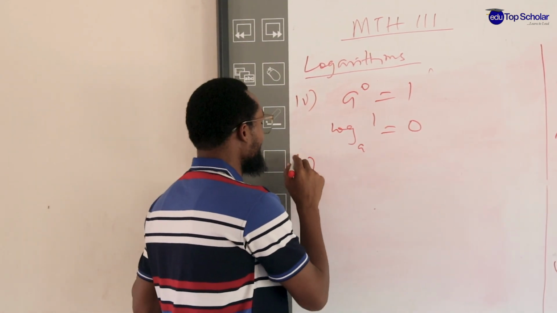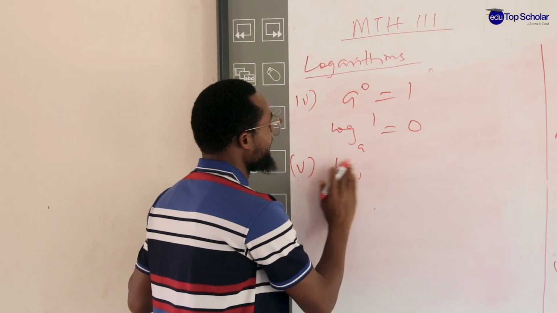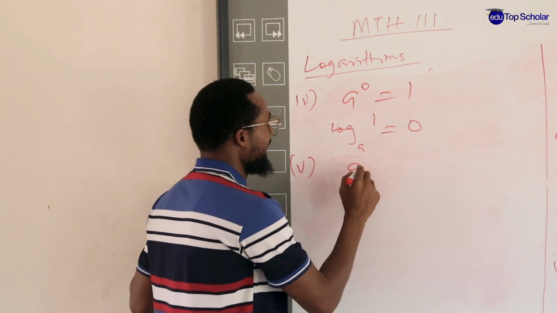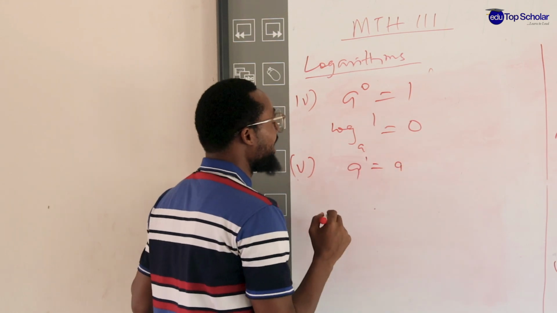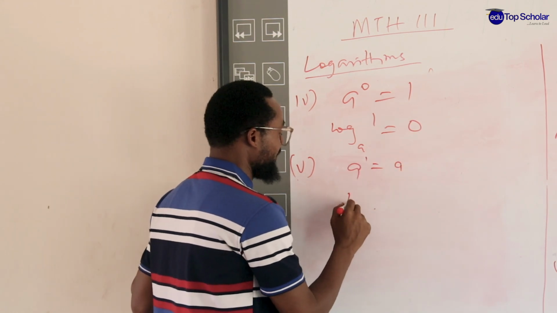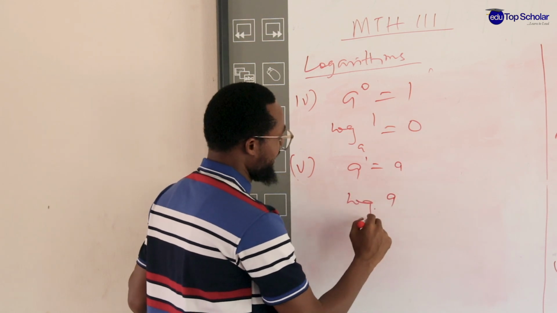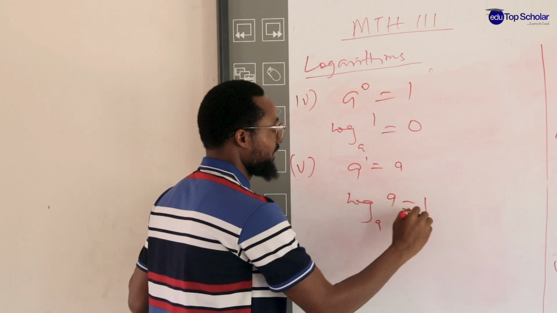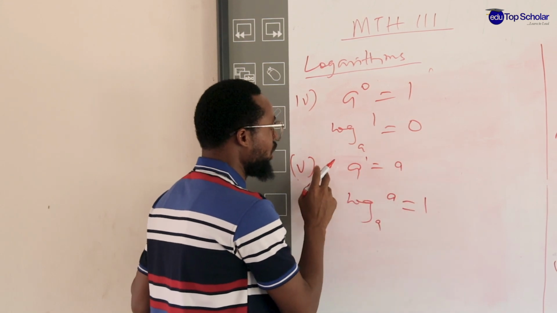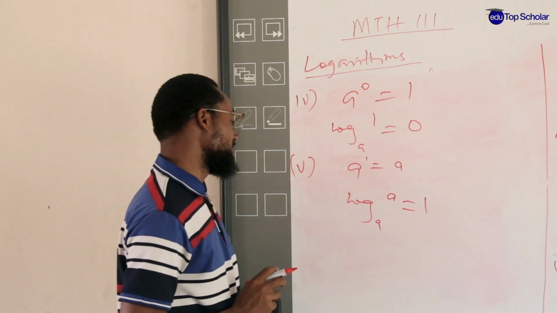And 5: since a raised to power 1 is equal to a, therefore, from our definition, log a to base a will be equal to 1.